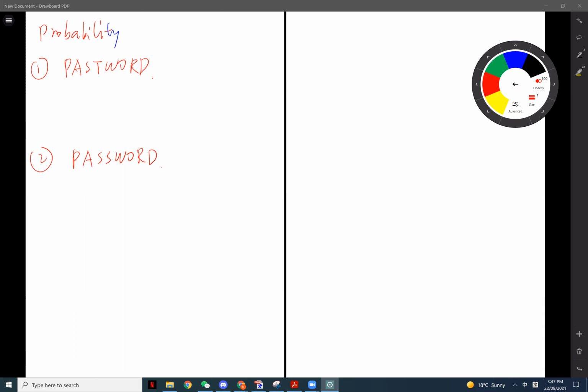This is several letters. We choose, select 2 out randomly. What's the probability?